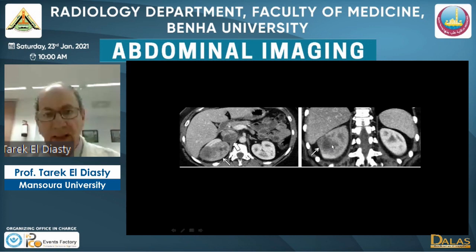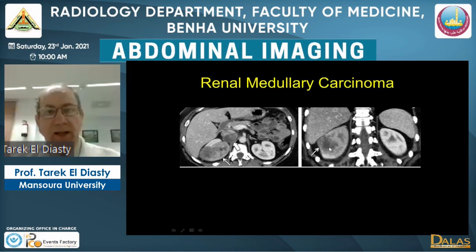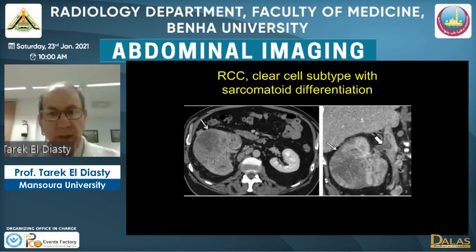Here we can see an ill-defined lesion in the medulla infiltrating the renal cortex, and this pattern proved to be a renal medullary carcinoma. Also here is an ill-defined mass with poor interface between the lesion and the renal parenchyma, with renal vein and inferior vena cava thrombus.